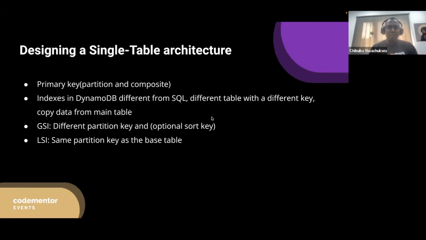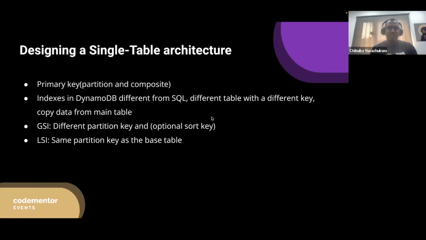If we add an index to a particular table, it gives us a copy of the base table. It creates a new copy of the table, with that particular index, that particular access pattern, or that particular partition ID, that particular primary key, to access the data how we want it, right?